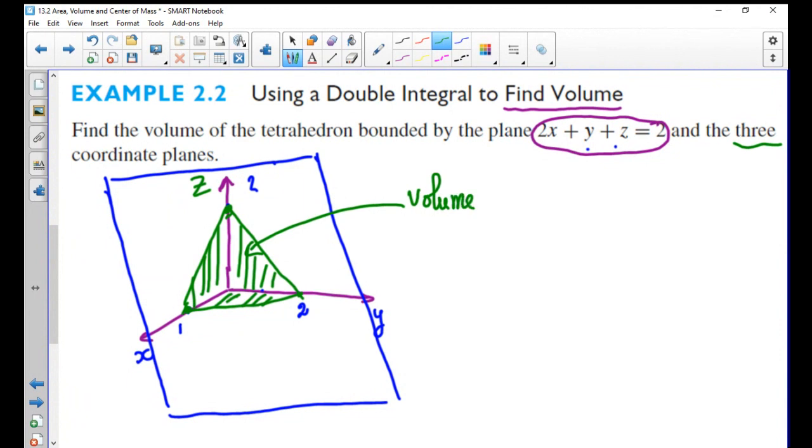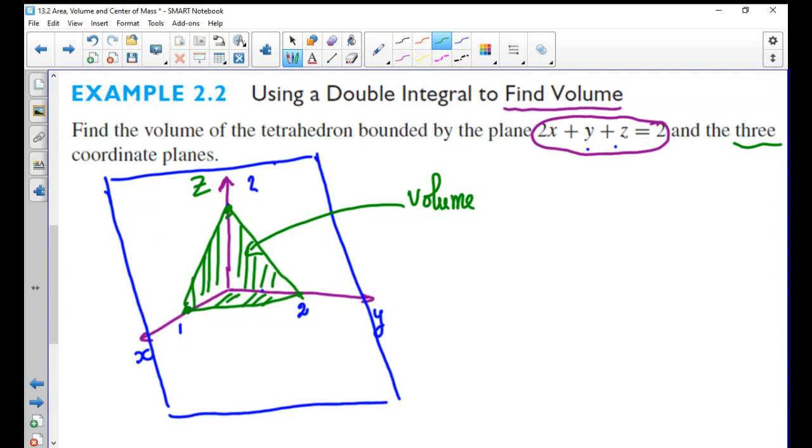It's called the tetrahedron. How many sides does it have? Can you see how many sides? So there is this green side, the XY plane, the XZ plane, and the YZ plane.